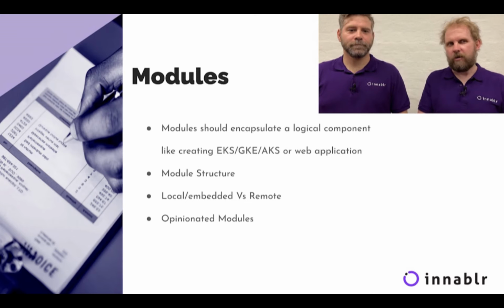So you might have one for GKE, for Kubernetes clusters. You might have another for a database, for instance, for an application. Again, the structure here becomes important over time. If you've got a consistent, well thought out layout for that module code, it makes it much easier to extend over time.